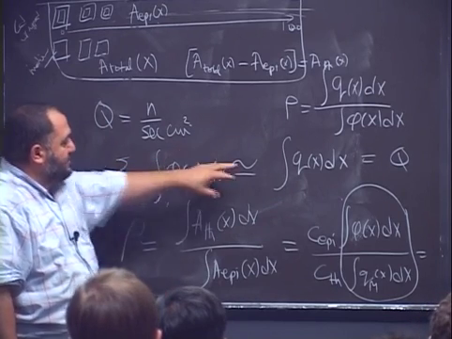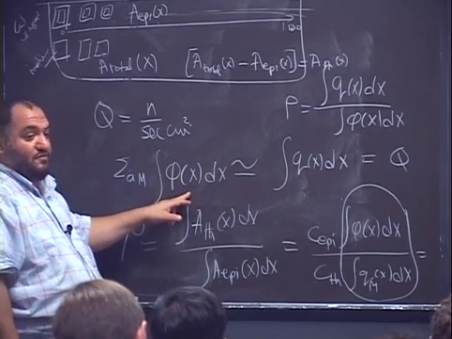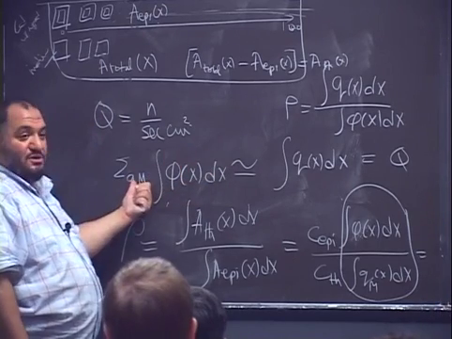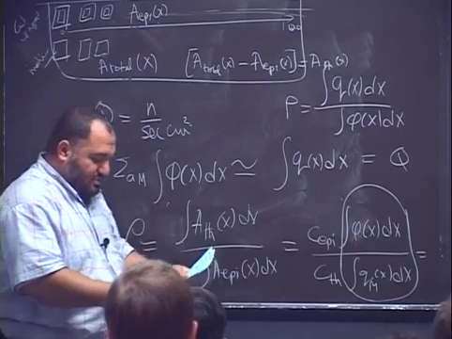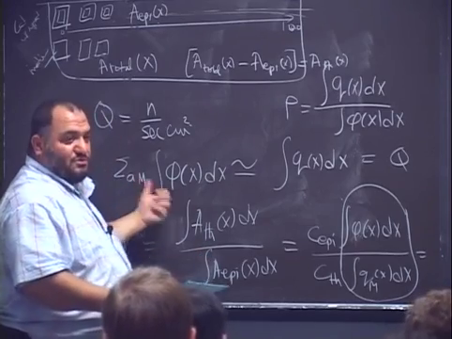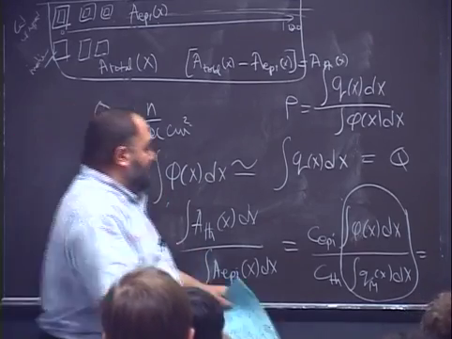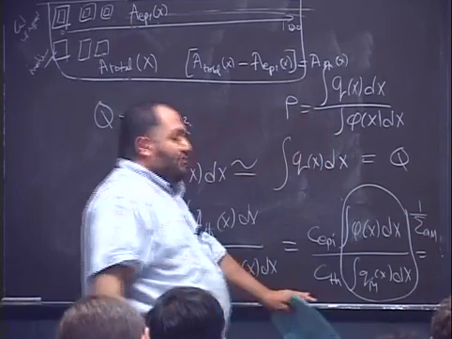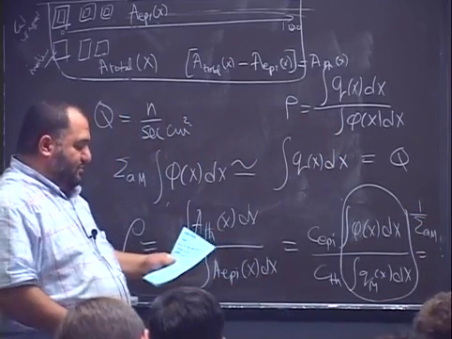So Q of x over phi of x is just equal to what? Q capital over sigma absorption, or 1 over sigma absorption. Yes? So this ratio is equal to what? 1 over sigma absorption in the moderator.